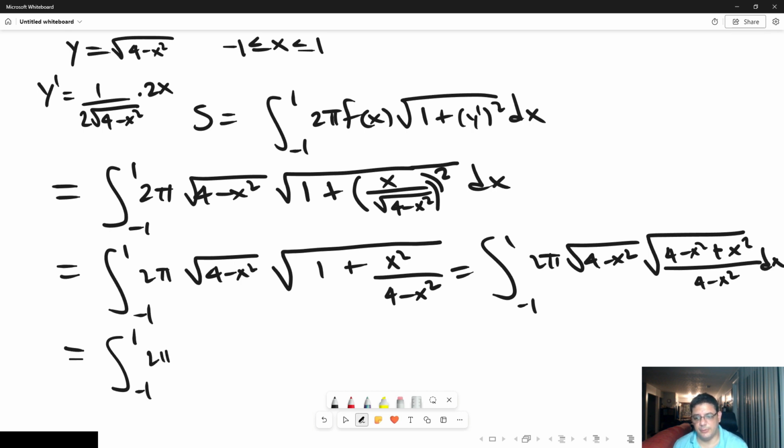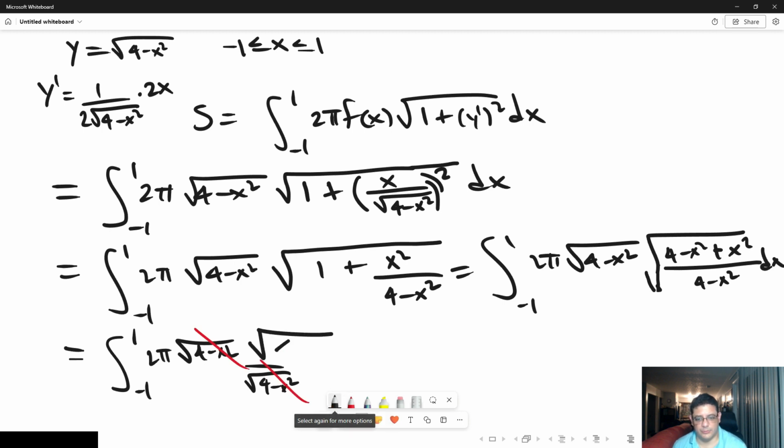Now this becomes 2 pi, and the 4 minus x squared cancels out with the root of 4 minus x squared. And here I'm only going to get the root of 4, because the minus x squared gets canceled. After everything, this becomes a really simple integral.